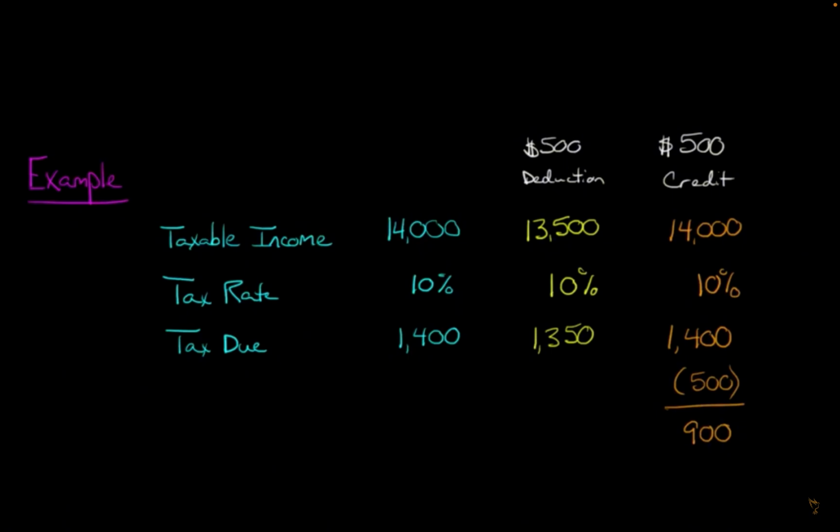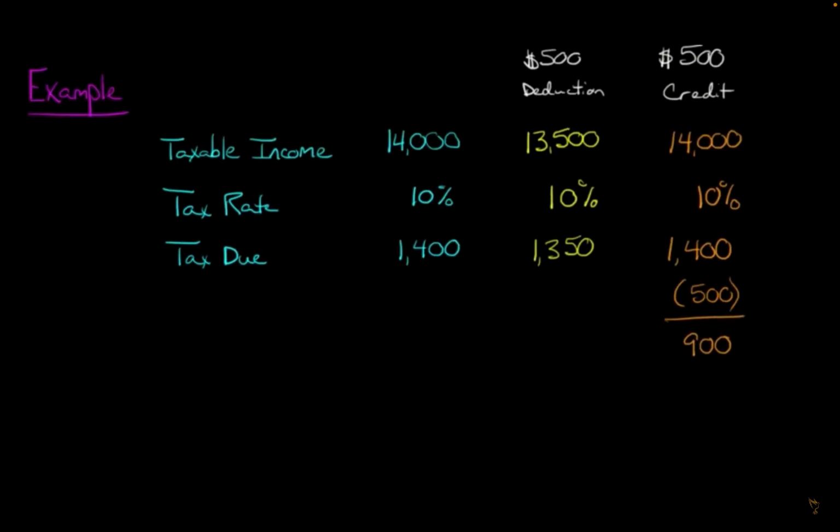Whereas the deduction, right, that reduces your tax due, but not dollar for dollar, because it's reducing the base upon which that rate is calculated, right? It's reducing this taxable income, right? And so what we ultimately have, I'll calculate out, we'll put the actual savings down here. So let's say the tax savings in each case.